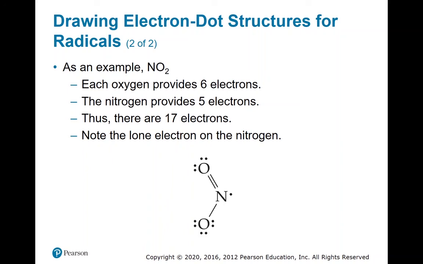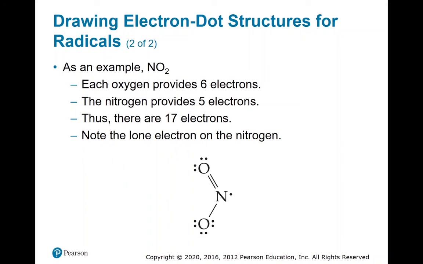So we just put a single dot down instead of a pair of electrons, because after putting down that 1 extra dot on nitrogen, we've used up all 17 of our electrons. And if you count up the number of electrons around nitrogen after that, you end up with 2 single bonds and a single electron, which gives you 5 electrons. We're not going to be able to complete the octet for nitrogen, but we can do better than 5.